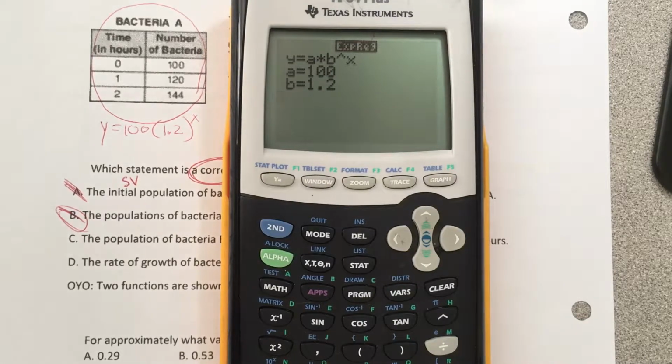It's next to the 1 on the keyboard. And then you do a, b to the x1, and it gives you your equation right there. What? You click the plus? And the table. Okay.